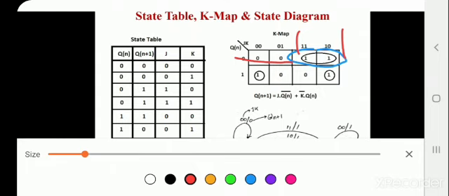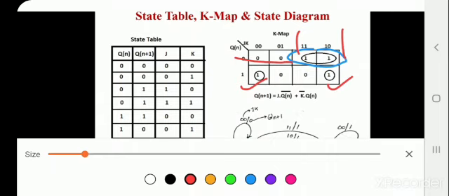For the second pair, this one and this one, from the left-hand side you will find Qn, and from the top you will find K bar. So you will write K bar Qn. Now finally, Qn plus 1 is equivalent to J Qn bar plus K bar Qn.